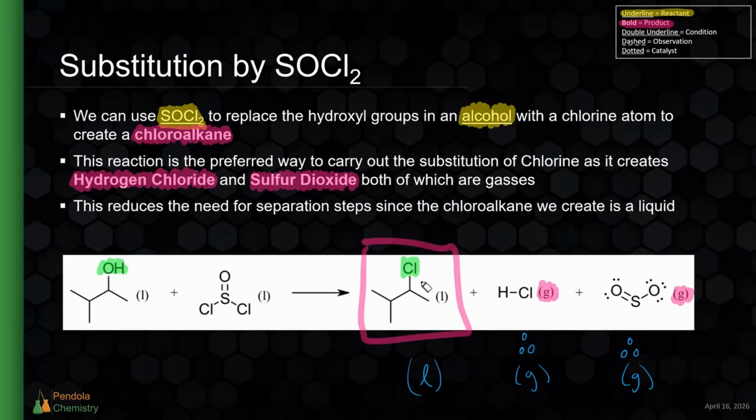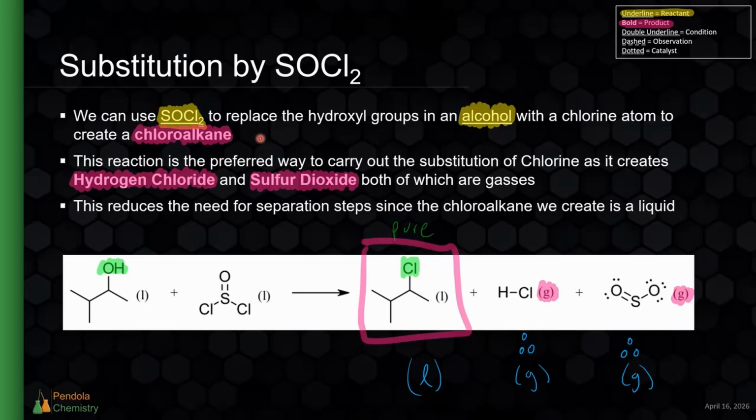Because that OH gets replaced with a chlorine, the other two products bubble out of solution because they're gases, and we're just left with pure chloroalkane as a product. So it's very good because it separates itself. We can reduce the number of steps we need to take. We do not need to purify the chloroalkane product. It just purifies itself.